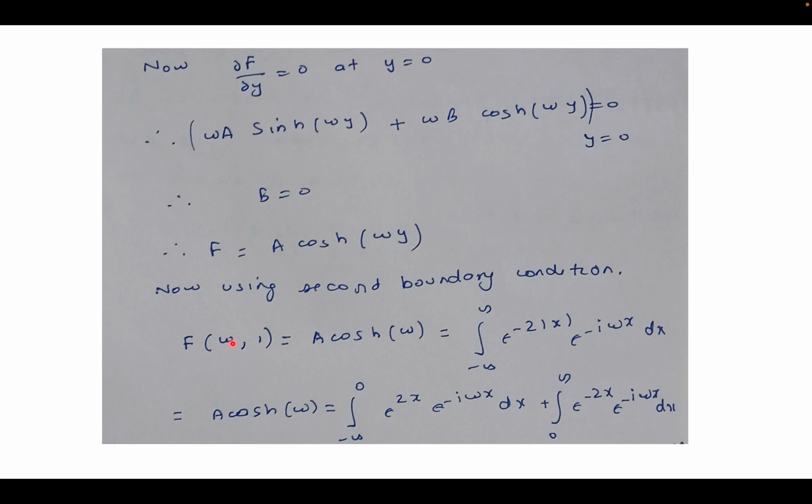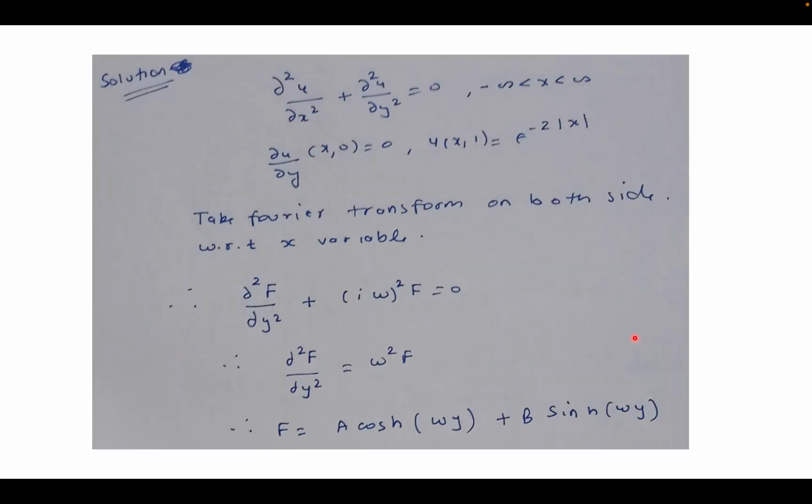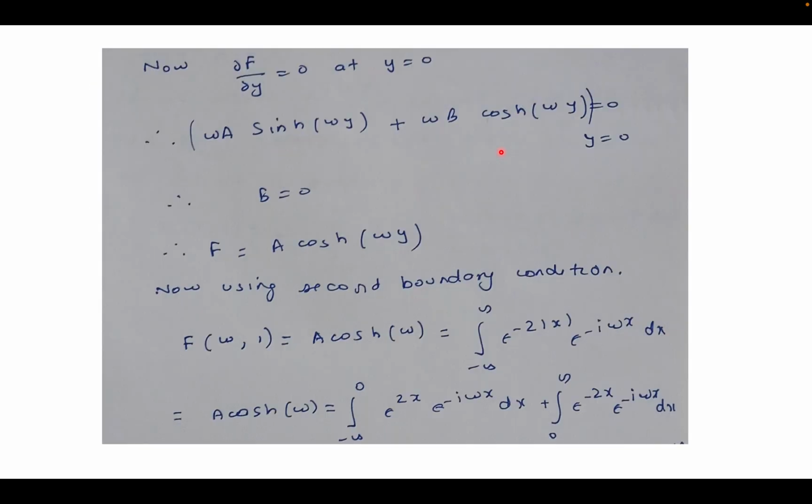So you can write F(ω, 1) = a cosh(ω), and F(ω, 1) is nothing but the integral from minus infinity to infinity of e^(-2|x|) e^(-iωx) dx. I have just taken the Fourier transform on both sides, as you have done in class problems or assignment problems.